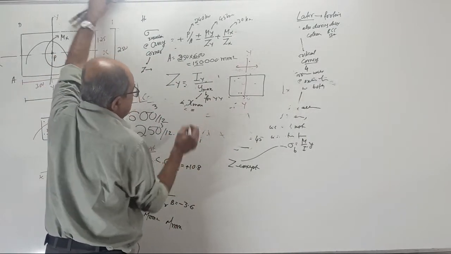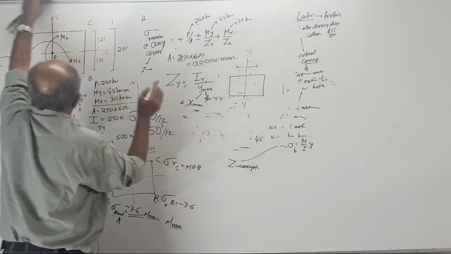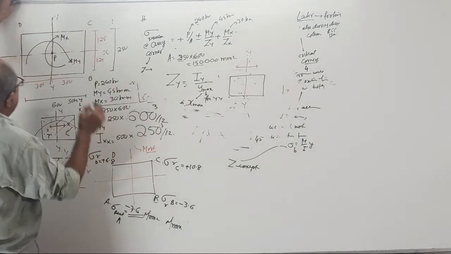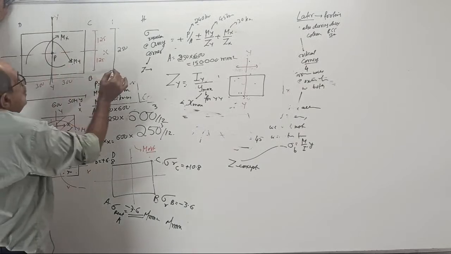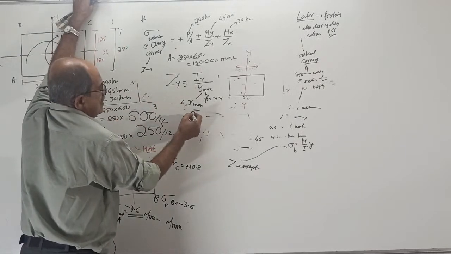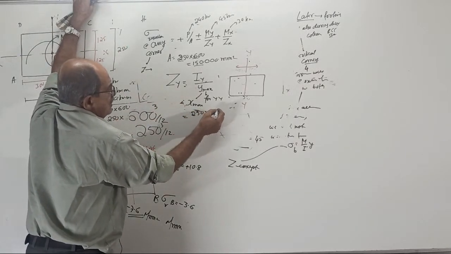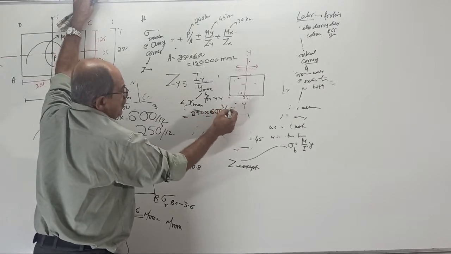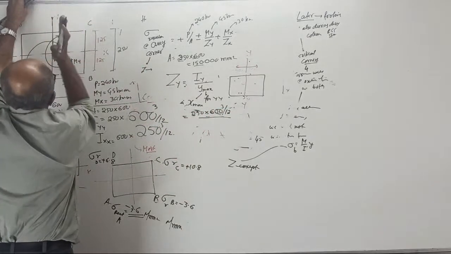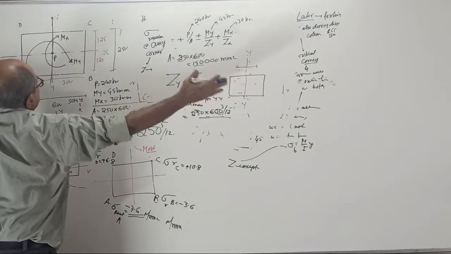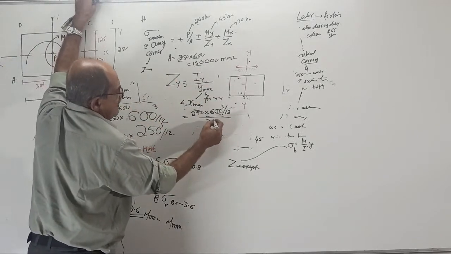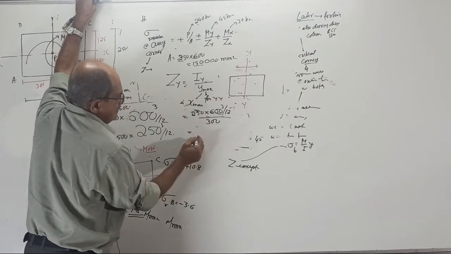Your x max equals, now I about y equals 250 into 600 cube divided by 12, divided by the maximum distance from y, which is 300. Tell the answer.